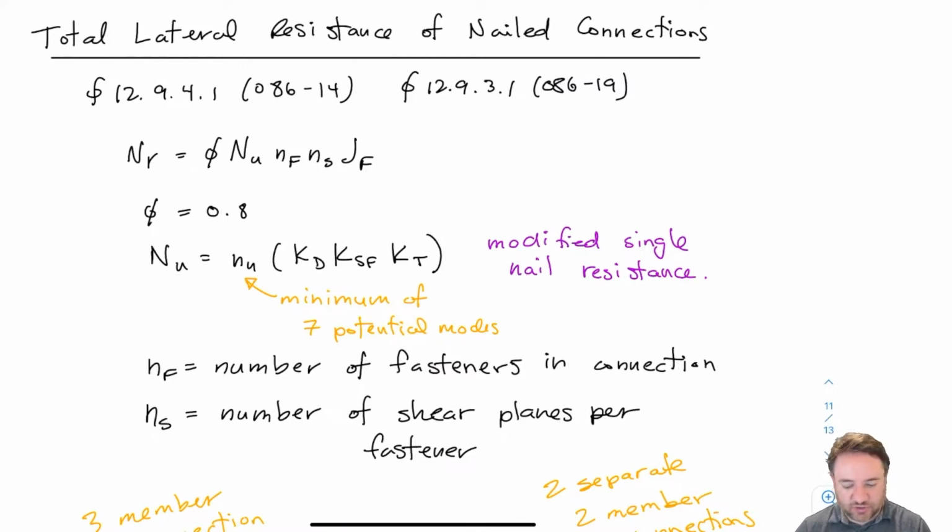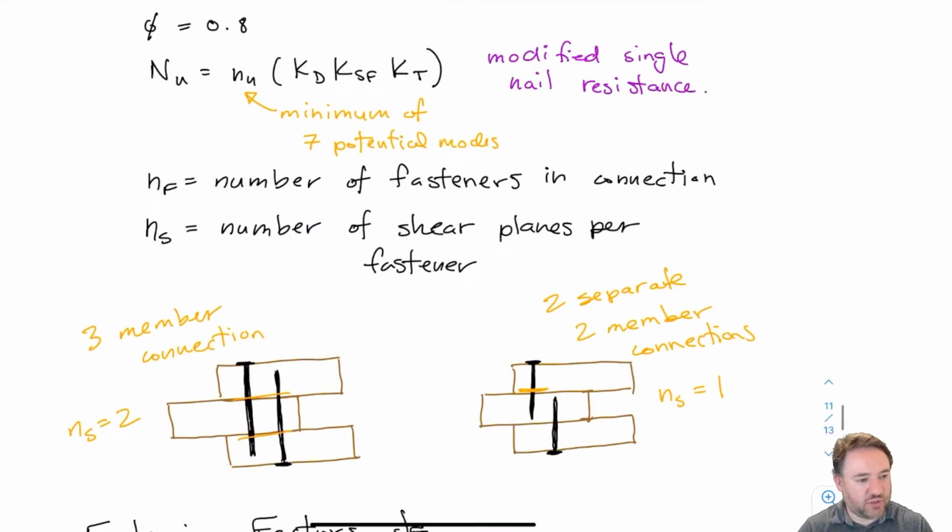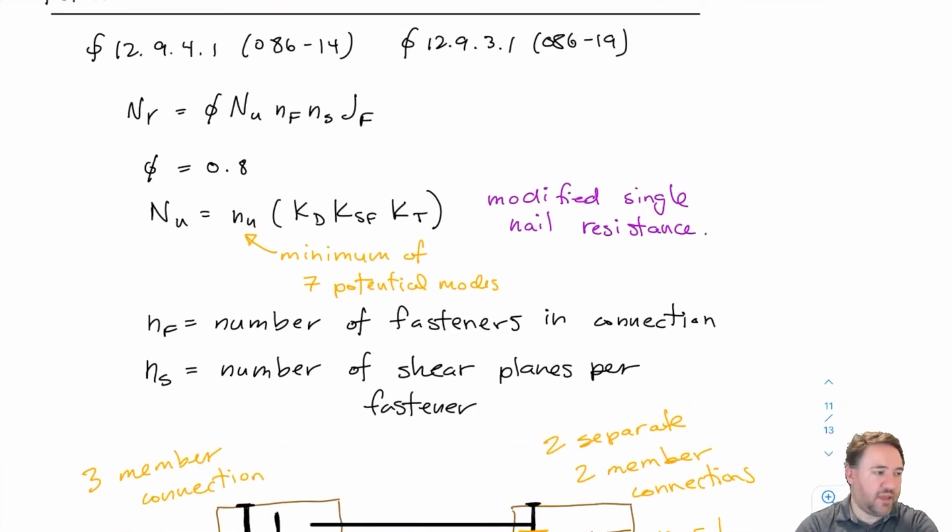First, I'm going to find my small nu, which is the individual nail resistance, and I'm going to check all of the modes that apply to either a 2-member connection or a 3-member connection, keeping in mind the definition of 2-member and 3-member connections. Then I'm going to modify that by KD, KSF, KT.